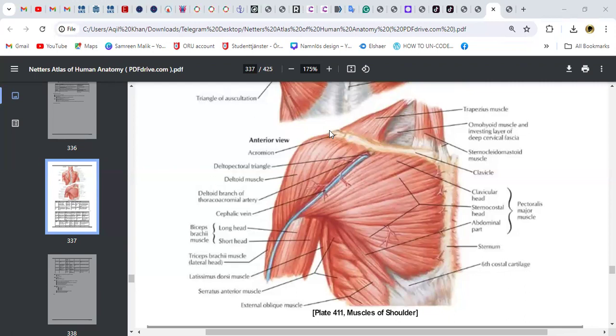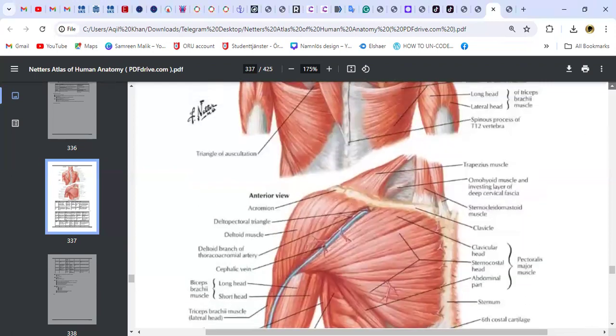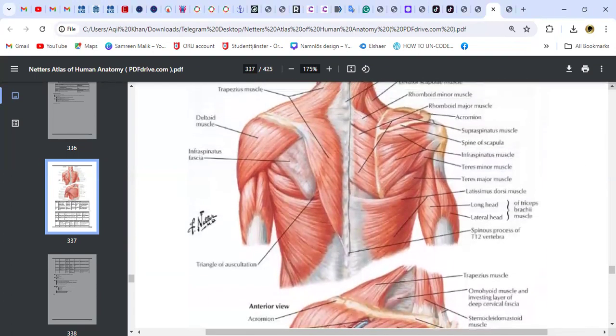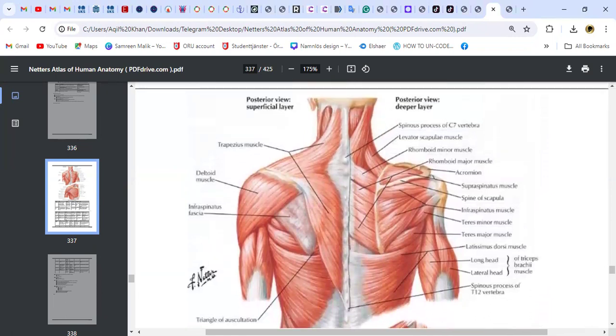Now moving down to teres major. In this view, I cannot see teres major, but teres major is also one of the muscles of the upper limb. Wait, we are moving up to the posterior view.